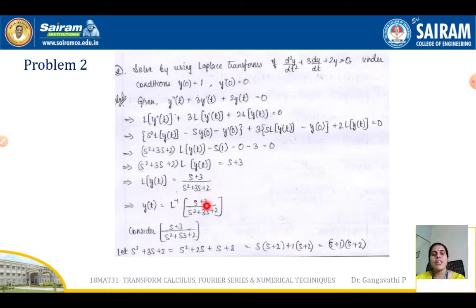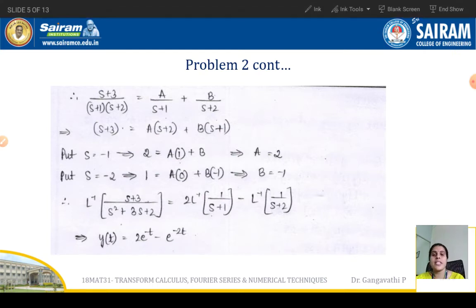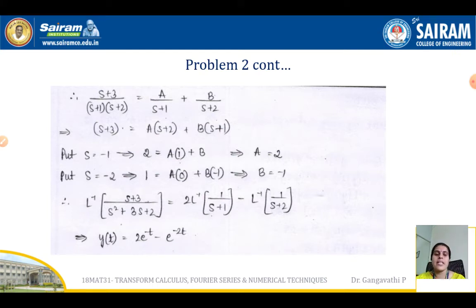And now we have to think how to proceed further. So consider this term alone separately, and the denominator can be written as s plus 1 into s plus 2 by using the concept of factorization.